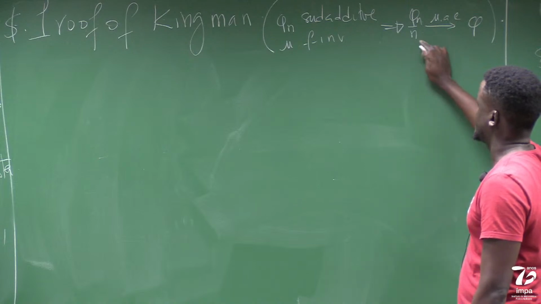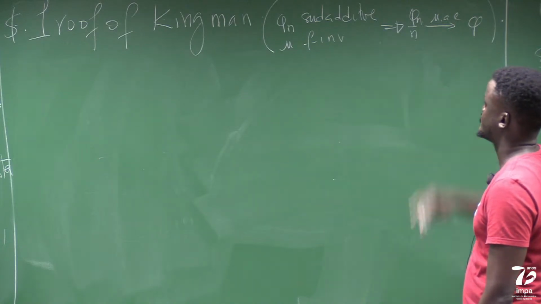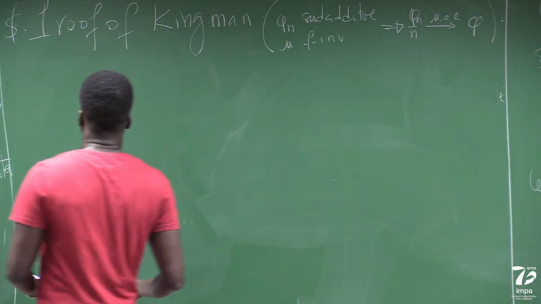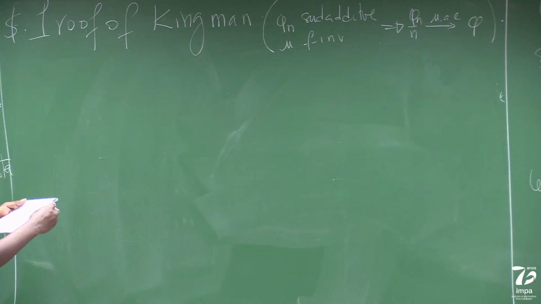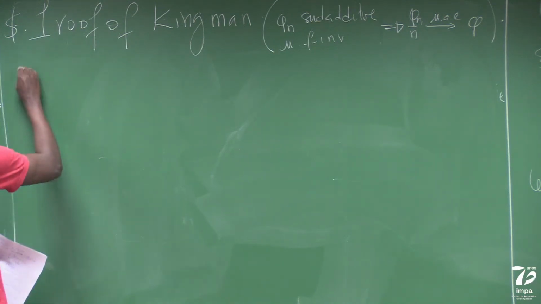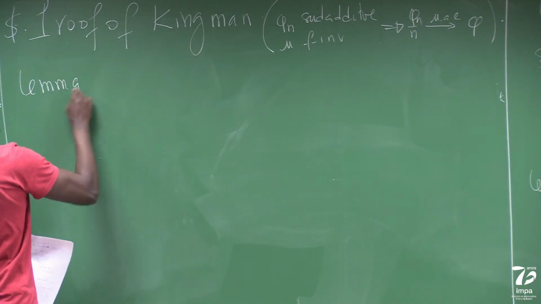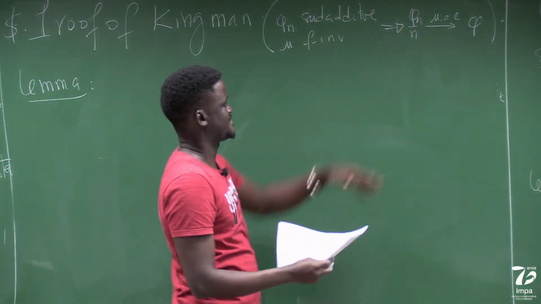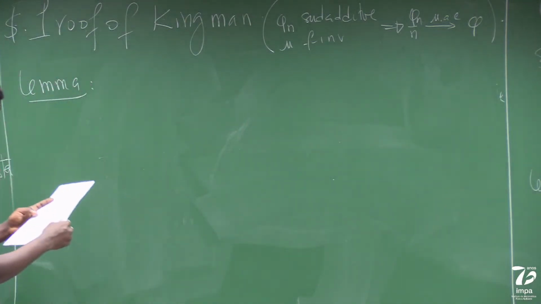So we can get it if we have some type of pointwise convergence and some monotonicity. So let's prove this lemma. This is a convergence for functions. Let's do the type of convergence for real numbers.